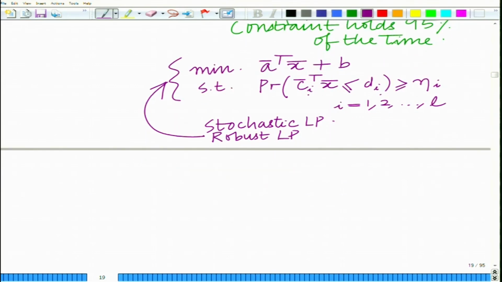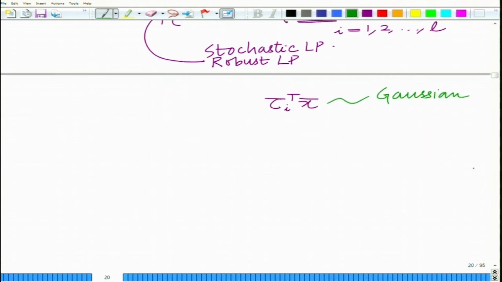Now, let us look at this quantity C bar I transpose x bar. We have already said that this is a Gaussian random variable. Now, let us find the mean and variance of this Gaussian random variable.